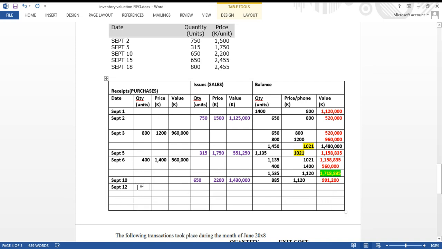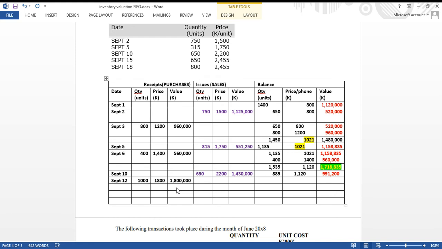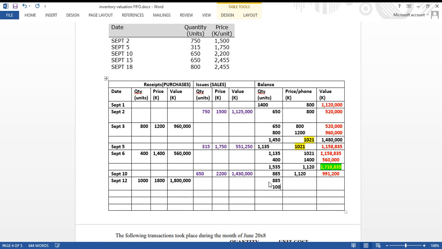That gives us 1.8 million. So we have 885 units here and we bring in another 1,000 units.